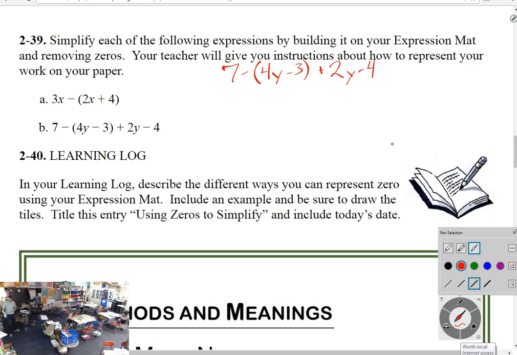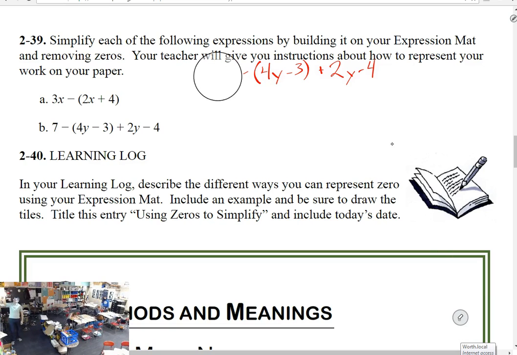So if we wanted to, we could write this as 7 plus the opposite of 4y minus 3. Yes, it all depends on how we read it. How we look at it. It is how we read it.